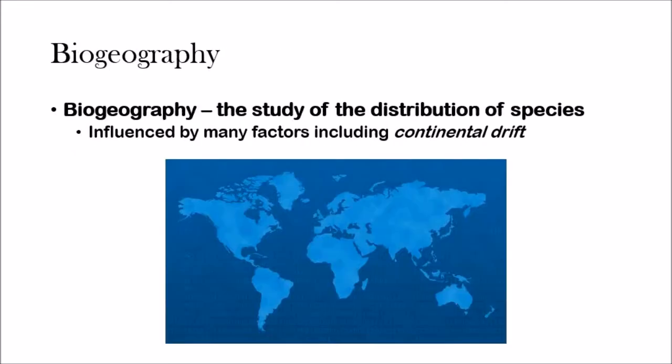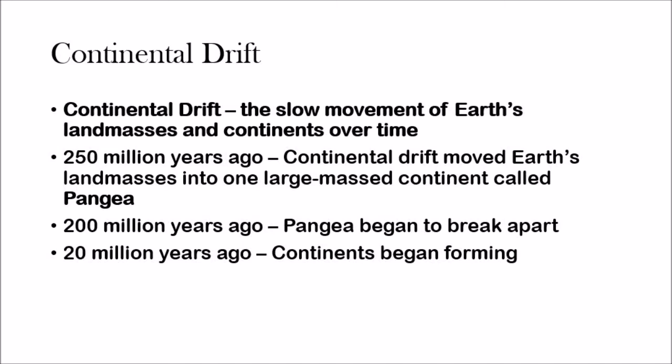Another big piece of evidence for Darwin's theory of evolution is biogeography. Biogeography is the study of the distribution of species, and it's influenced by many factors, including continental drift. Continental drift is the slow movement of Earth's land masses and continents over time.